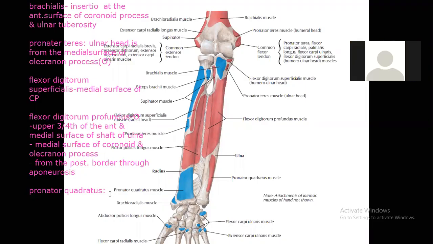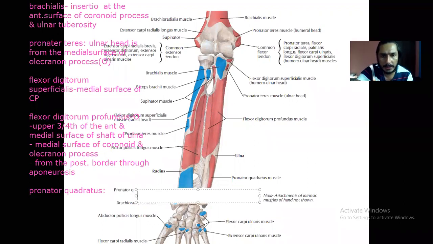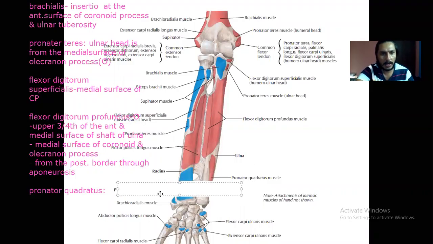Now the pronator quadratus, see this muscle here. You can see this pronator quadratus muscle in the lower part of the shaft. It is again the origin because insertion is in the radius. It originates from the lower part of the shaft.